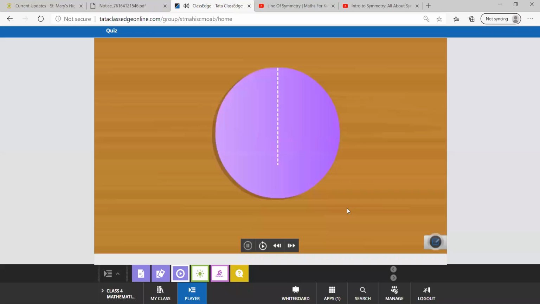Look, even this vertical diameter is an axis of symmetry for the circle. Let's try this diameter. We see that the circle is symmetrical along this diameter too. This means that every diameter is an axis of symmetry for the circle. Since a circle has infinite diameters, we can say that a circle has infinite axes of symmetry.